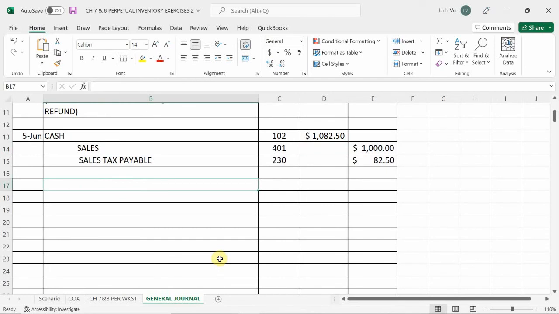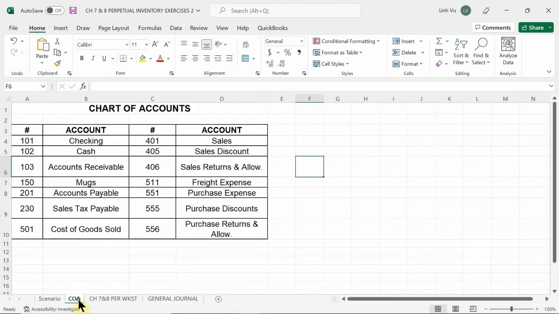It's depleted by 100. Good. How do I represent that in my journal? Under mugs. Yes, we're going to be taking out for mugs. What else are we going to be putting it into? So let's take a look at my chart of accounts.